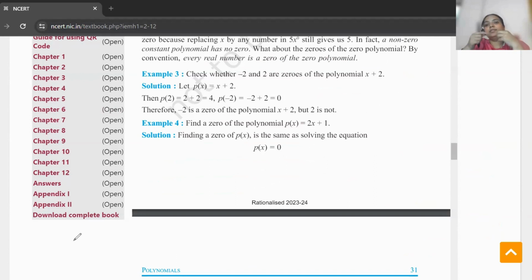When you put the value in x, the complete expression should become equal to 0. That can be one way of checking if something is a zero or not. Another way is you equate that expression to 0, find the value of x, and see if it is from the list or not. Understood or not? Clear?